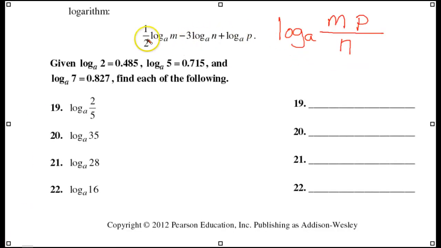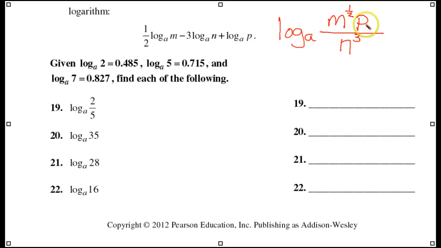Okay, as we do this one, we notice all of our logs are of base A. So log base A. Now we have this exponent to put by the m, so this will be 1/2. And we have this exponent to put in the denominator by our n, so this will be a 3 there.